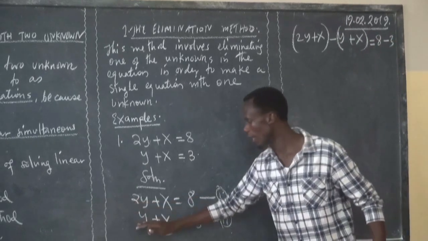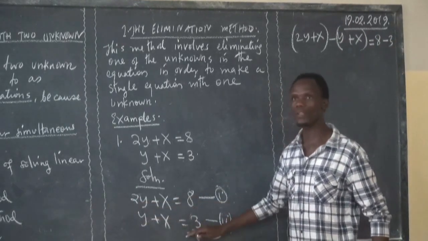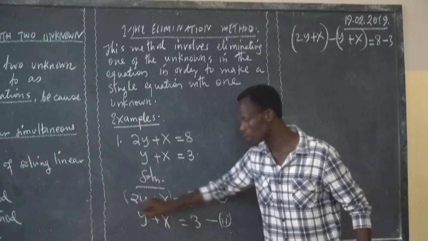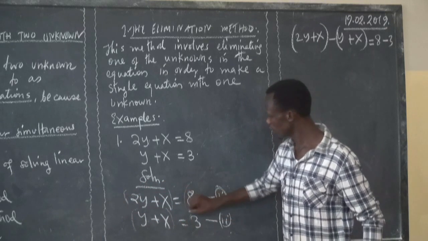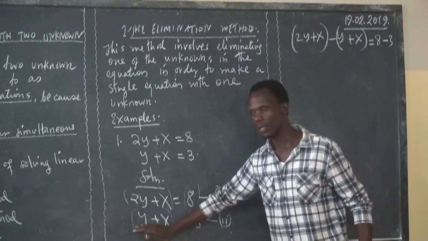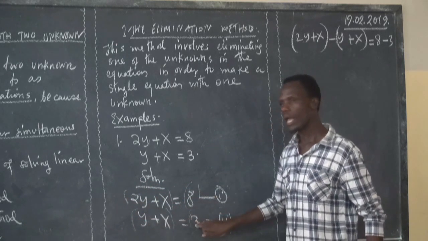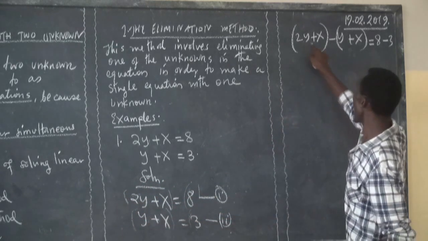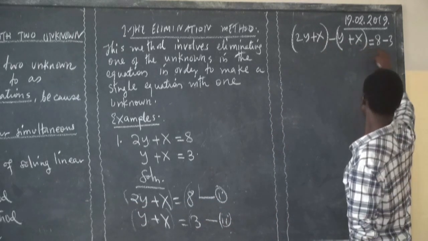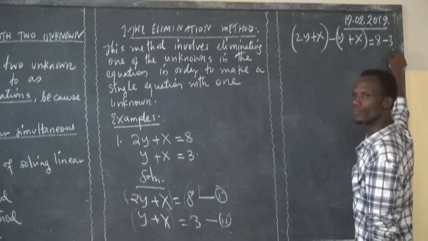It is the first equation minus the second equation: this one minus this one, then this one minus this one. That's why we have written 2y plus x minus (y plus x) is equal to 8 minus 3.